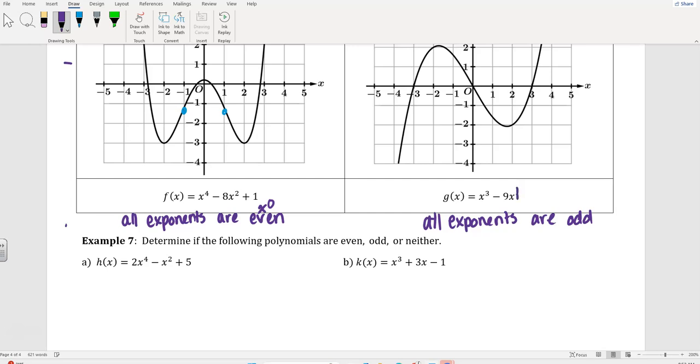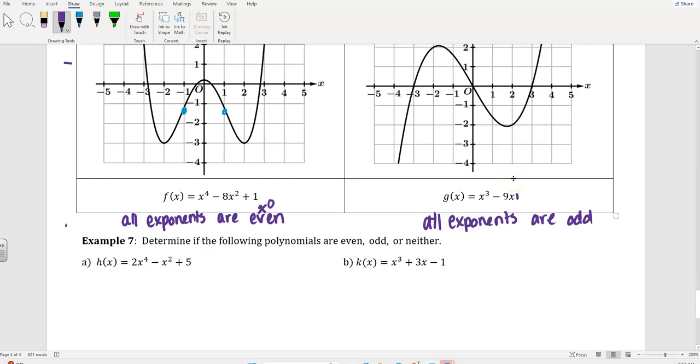It would have a 1. So 3 and 1 are both odd. This is an odd function. If you have a mixture, if you have both even and odd exponents, then your polynomial is neither even nor odd, right? So there are lots of functions out there that are not even and they are not odd. They don't meet either one of these requirements.